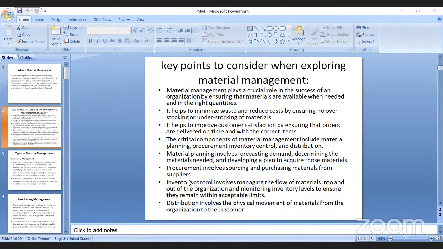First of all, we have to improve customer satisfaction by ensuring that orders are delivered on time with the correct items. Suppose we are giving the orders, and when we are delivering, we are handling the materials.